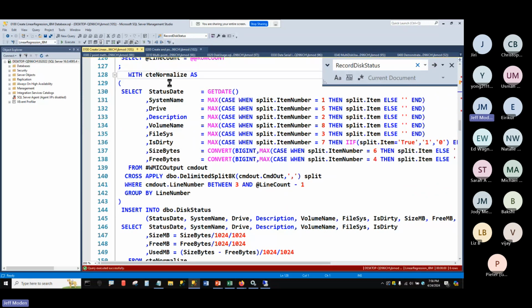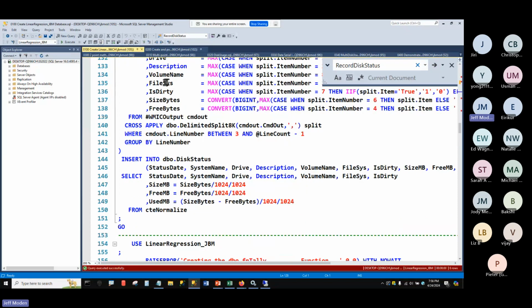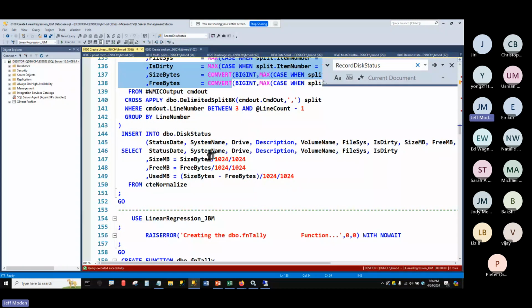It was script 100 here. But anyways, this does the splitting and adding it to the columns, and then it does an insert into a table called this status, and it converts the whole number of bytes to megabytes, et cetera, and it calculates the used megabytes for you. And that's it.